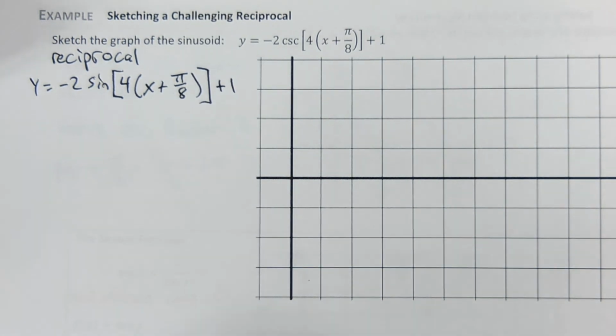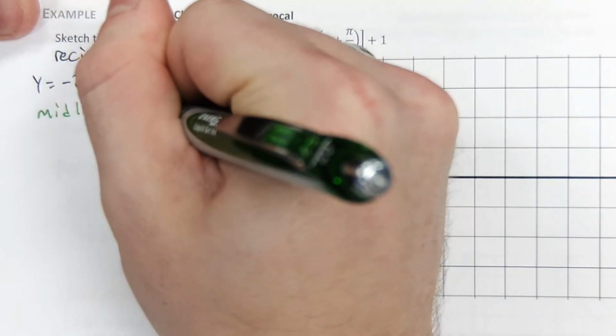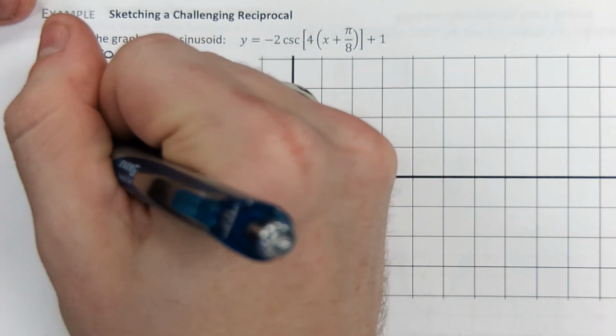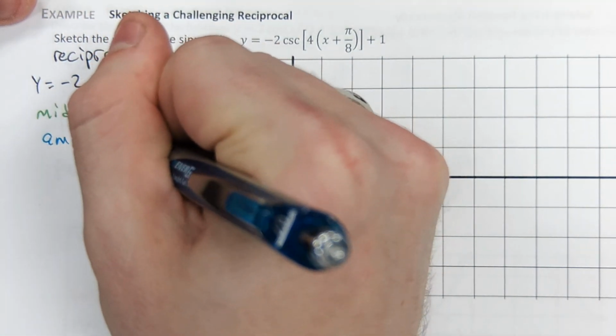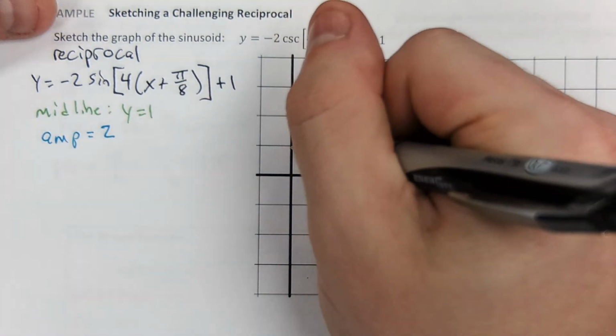That midline is at y equals 1. And the amplitude of our reciprocal function is 2. So we have a maximum value of 3, a minimum value of -1. My y-axis, as usual, can go by 1s.